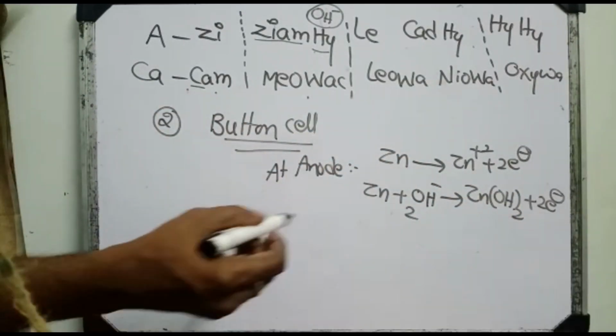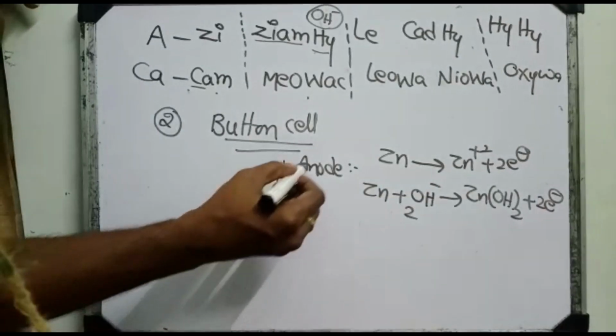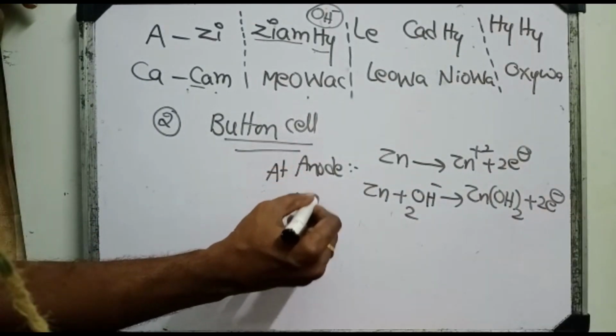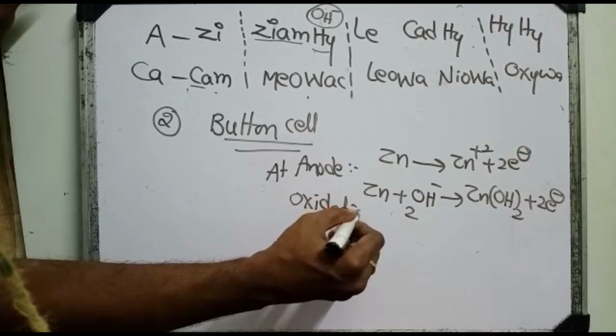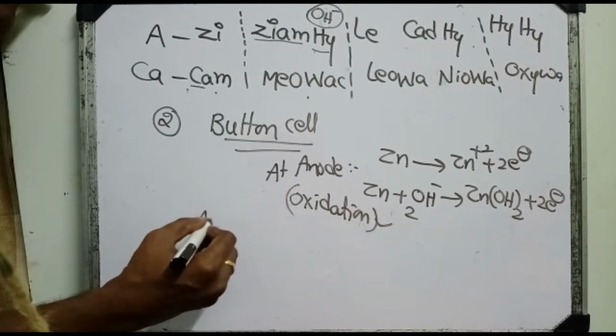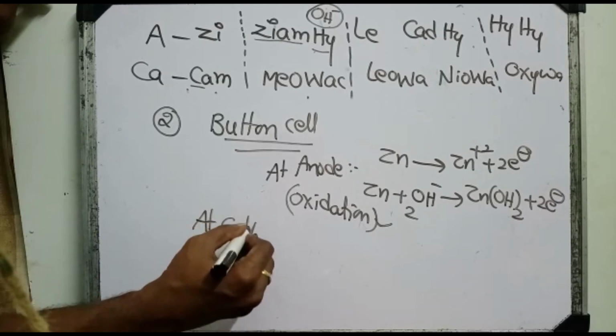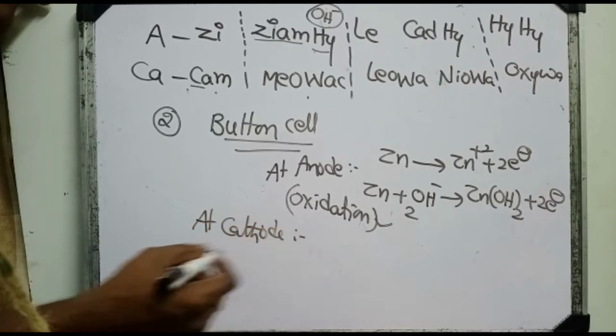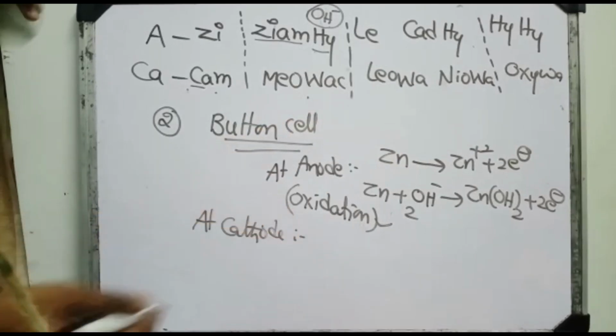Anyhow, the electrons are released. So at anode, oxidation takes place. Next, at cathode, what is released at anode is absorbed by cathode.